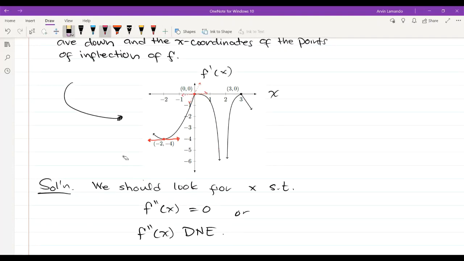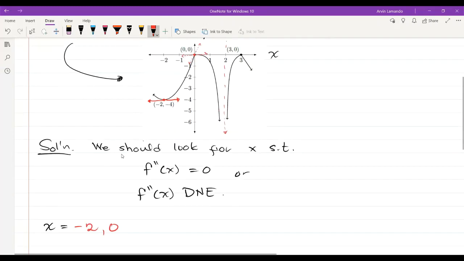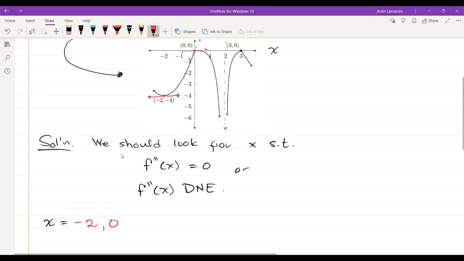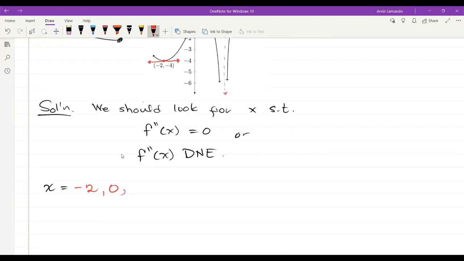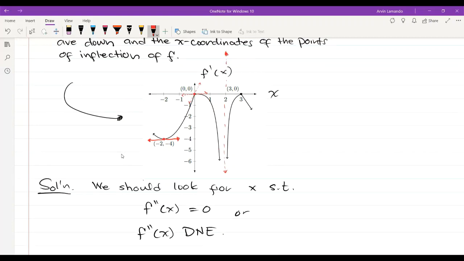Obviously, the first derivative does not exist at x equals 2 because there's a vertical asymptote there. So if f prime of 2 does not exist, then obviously f double prime of 2 does not exist as well. Therefore, we also have a possible point of inflection at x equals 2.